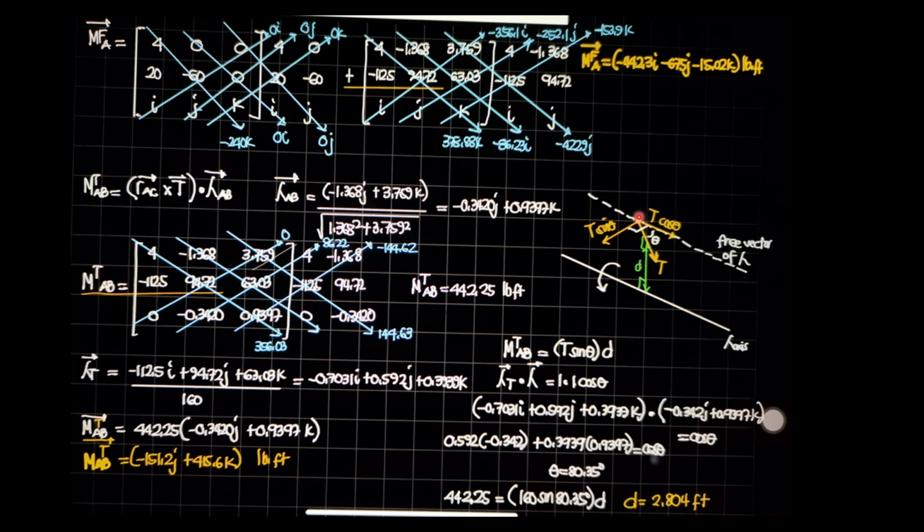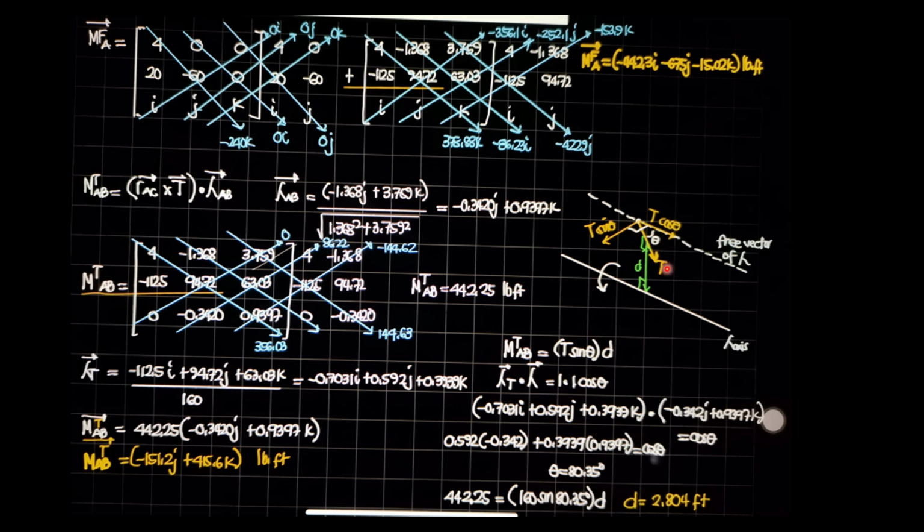Then T has two components. One is parallel to the axis and the angle is theta, and the other one is perpendicular to the axis. So because this component and this component are perpendicular to each other, therefore the angle between the free vector of the axis and this force is theta.